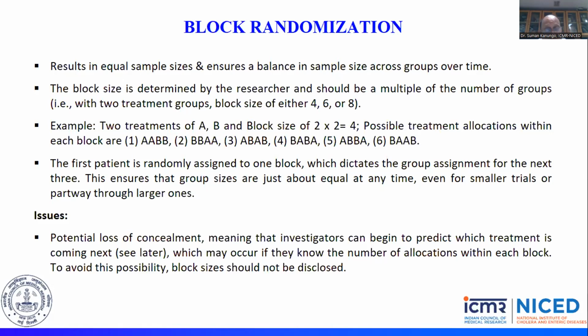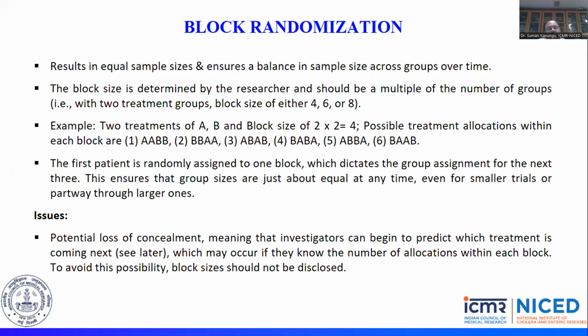So that is block randomization. Another one is permuted block randomization, where instead of a fixed block size of say 2, 4, 6, the block size is not certain. This increases unpredictability, so the investigator cannot make out which is the intervention and which is not.